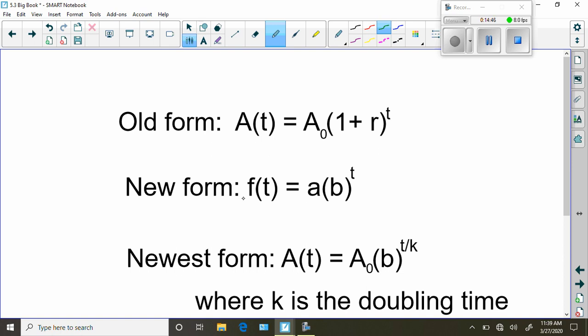T is time. And it's represented in just a function because it can represent a whole bunch of different things. And then the newest form that I want to talk about now is another a of t, and it does the starting amount, and then it's times b to the t over k. That's right, t over k. And new word, I promise this is a word, where k is the doubling time.